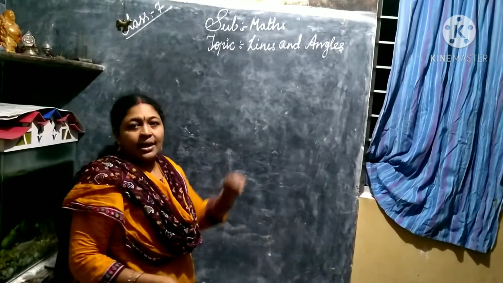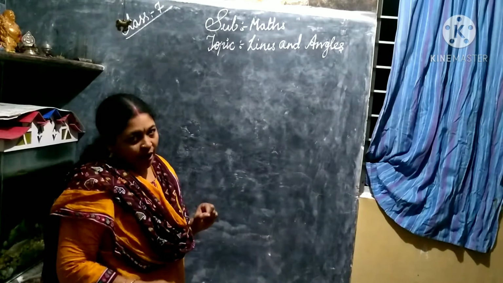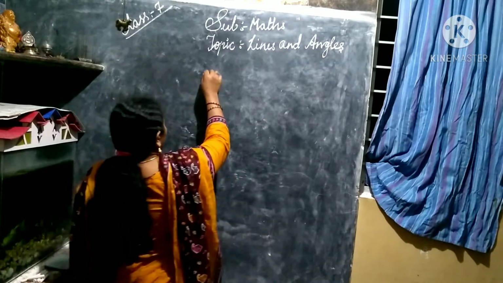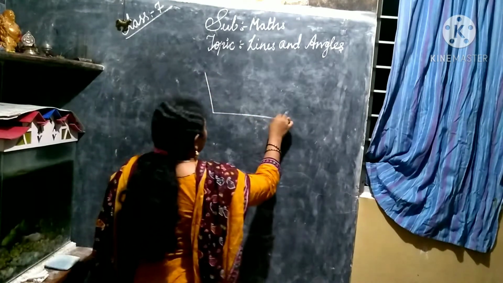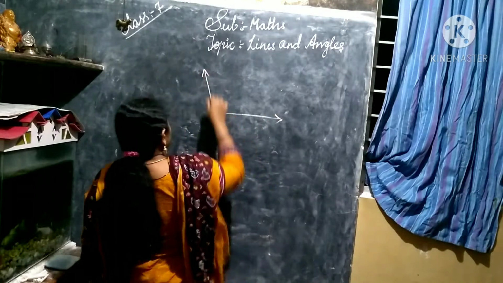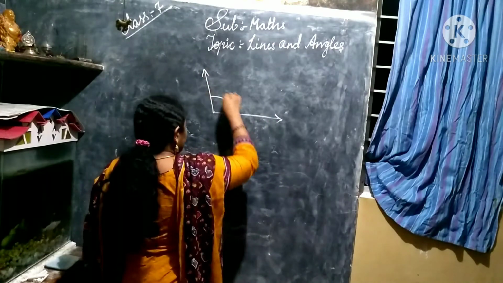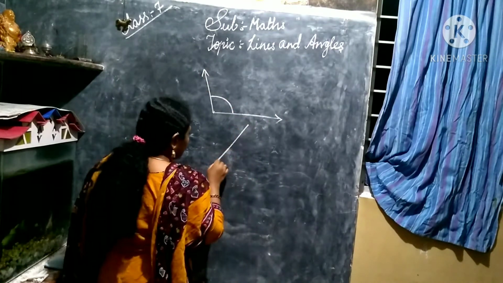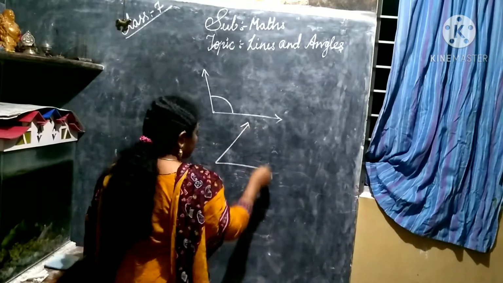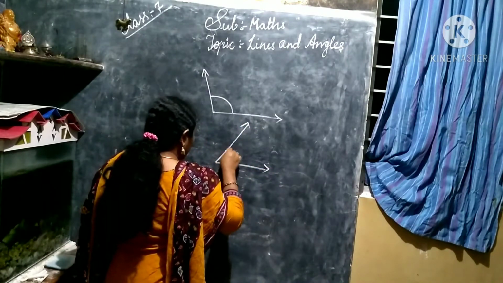When two lines meet at a single point, then it becomes an angle. Yes.